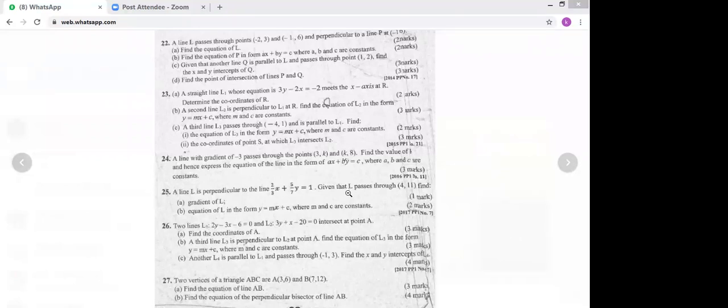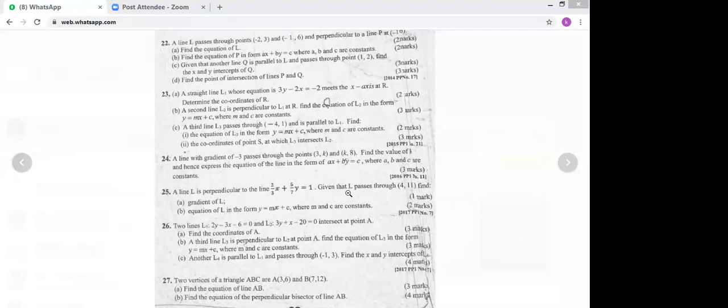We have been given the coordinates of a line L, (-2, 3) and (-1, 6). I've used the two points to find the gradient: change in y over change in x, (6 - 3) over (-1 - -2), which gives 3 over 1, so the gradient is 3. Then I used that gradient to find the equation.